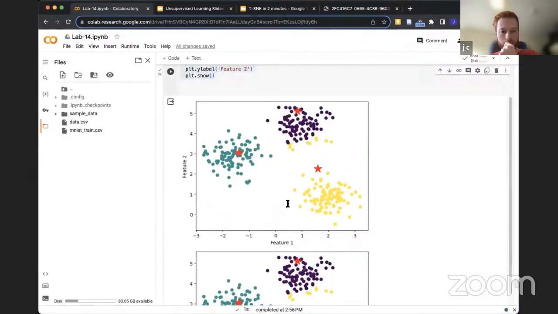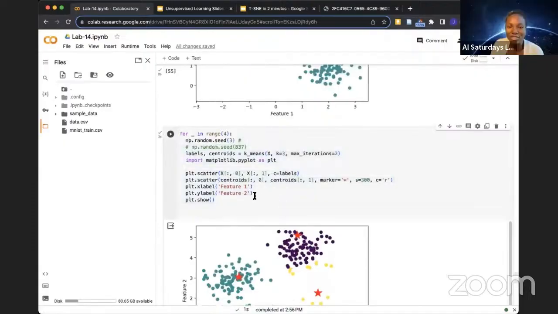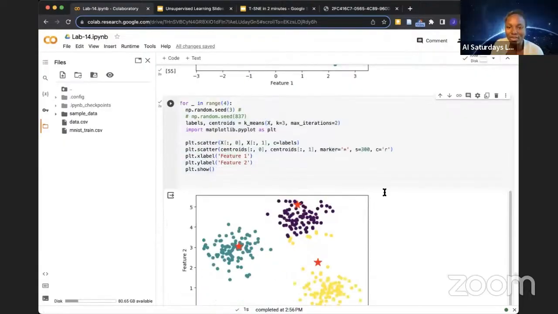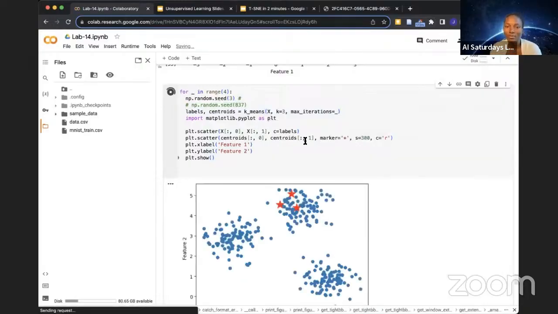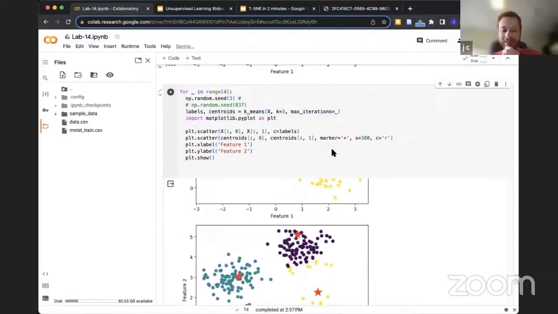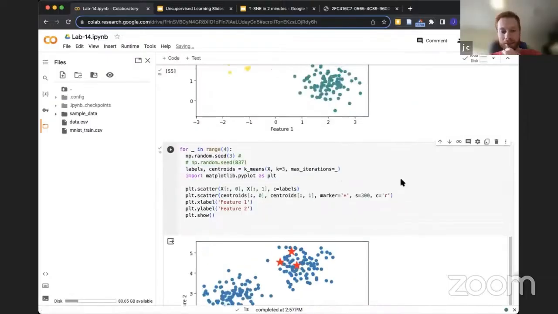No, I don't think you're changing it, Joscha, because maximum iteration is still 2. Is that intended? My idea is for i in range of 4. Okay, yes, I'm doing that. Yes, now it's working.